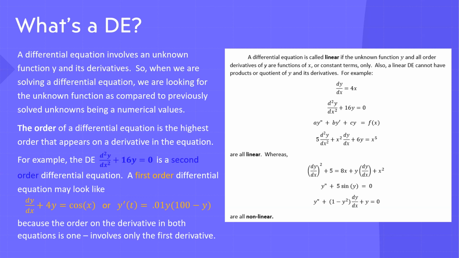So for example, you can see here in blue, that's a second order differential equation because it involves the second derivative. Whereas the ones that are in yellow on the screen here are first order differential equations because they involve only the first derivative.